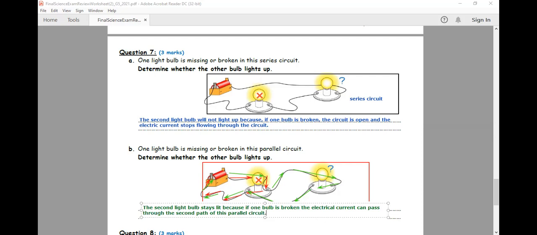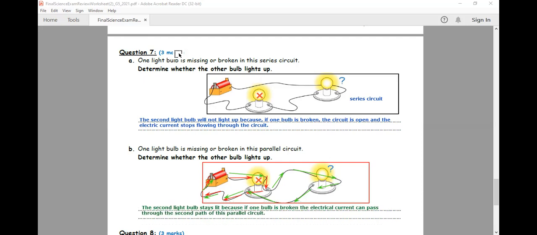So even if one light bulb is broken, the red loop will stop working while the green loop will keep working. So the second light bulb stays lit because if one bulb is broken, the electrical current can pass through the second path of this circuit and light up the second light bulb.